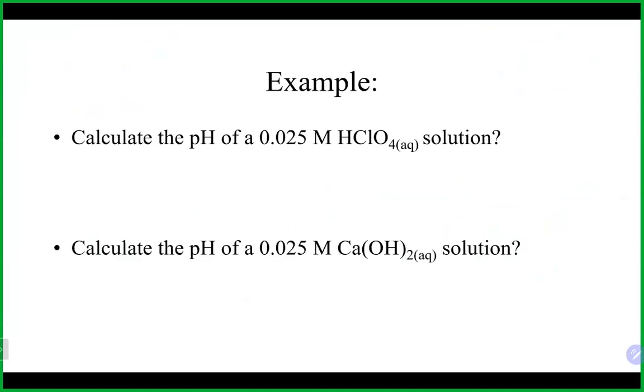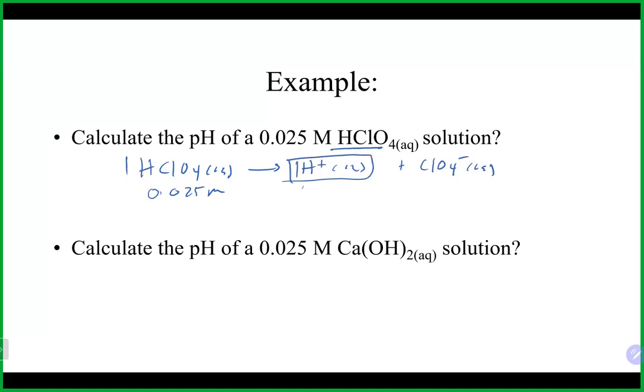All right, so for each of these, what should be the pH of these solutions? Take a moment there. The first is a strong acid, as it's on our list. It will break apart into H plus and perchlorate, and the whole thing here is 0.025 molar. It is a 1-to-1 relationship between that and the hydrogen, which is what we really need to get to our pH.